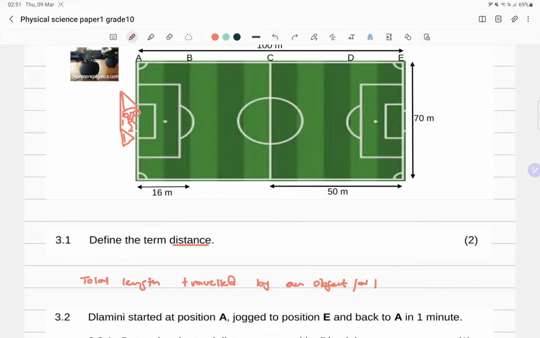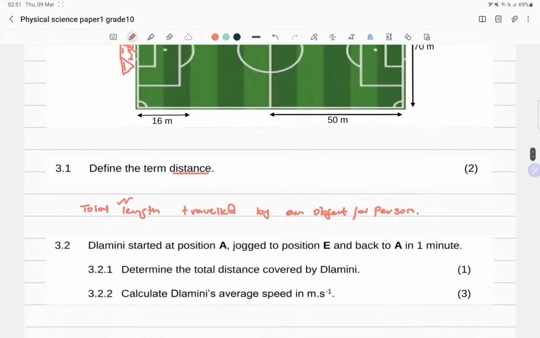Some questions are really lousy. Why would they ask such a question? Anyway, it's just the total length. I guess that's what they want.